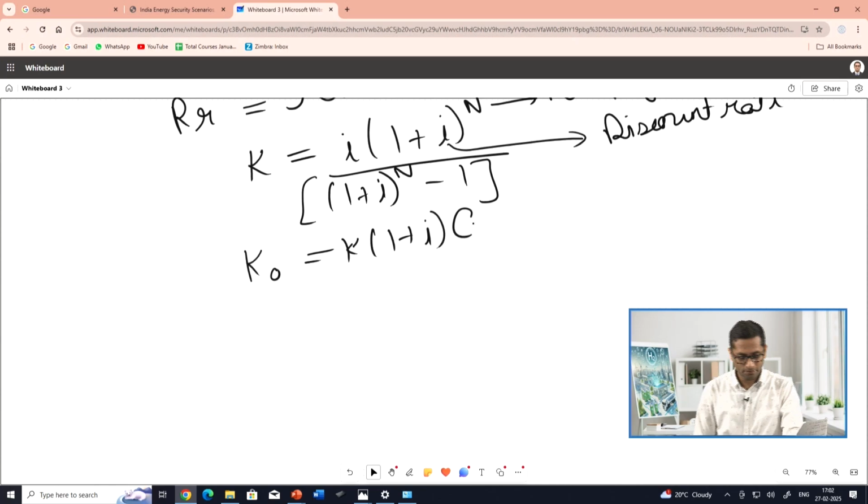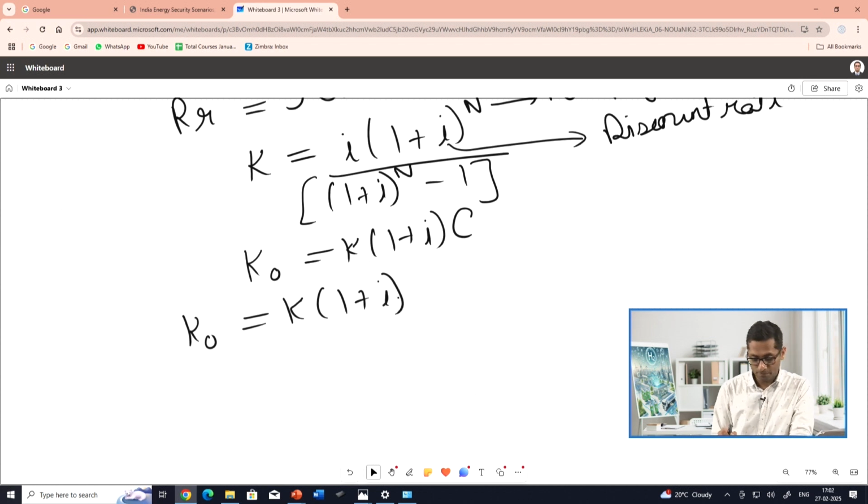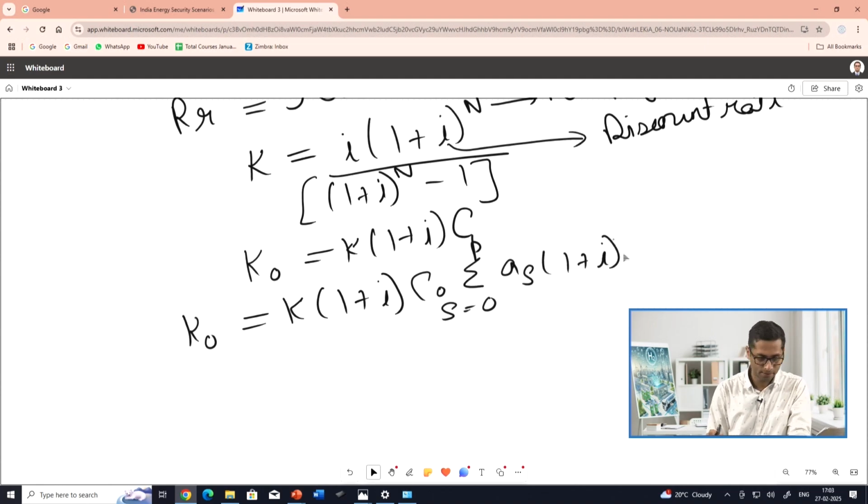and to rearrange the terms, in the above equation we would have k naught equal to k (1 + i), and now I am bringing back the original equation where I put in the bifurcation of the capital cost expenses in the initial few years, and this brings in C naught, summation of s equal to 0 till the year p, the breakdown of the cost (1 + i)^(p - s).